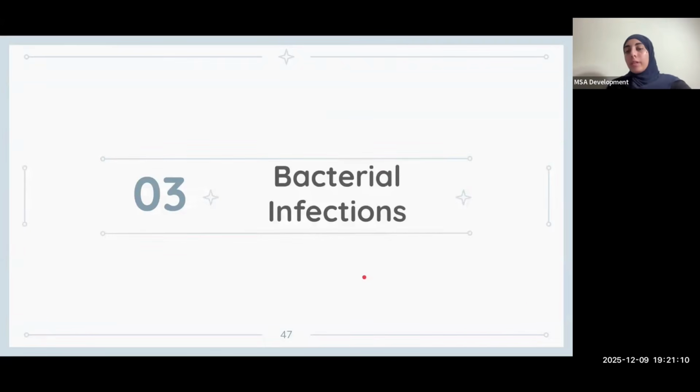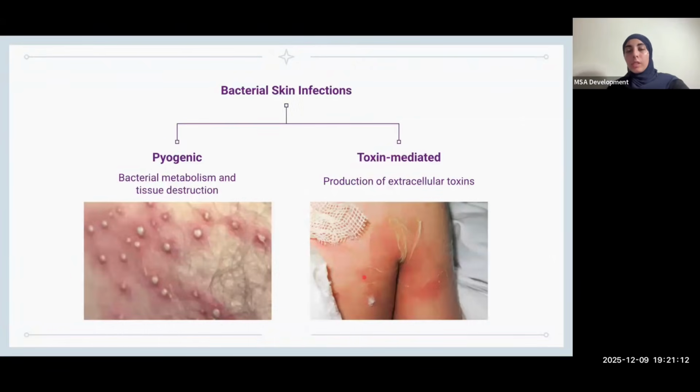Okay, now we will start with the bacterial infections. We divide the bacterial skin infections into two main categories: pyogenic versus toxin-mediated. The word pyogenic means pus. It's a purulent infection.